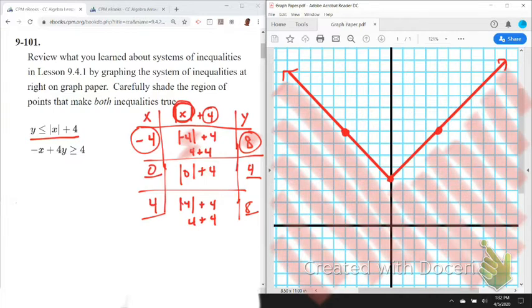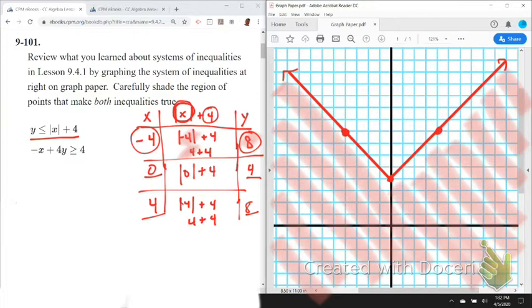But because this positive 4 is outside of the absolute value bars, it doesn't really make a difference which point you choose, but that was my chain of thought. Because it's less than or equal to, it's going to be a solid line. And because it's less than, I'm going to shade below.